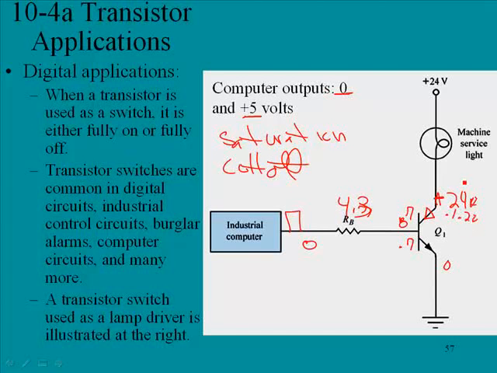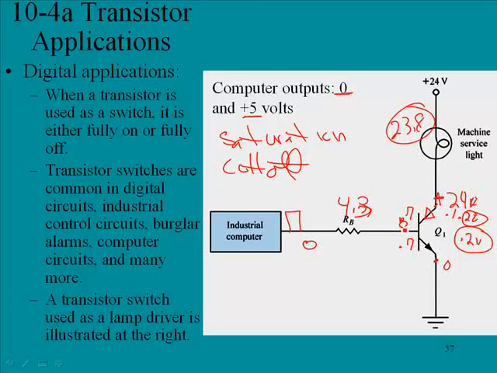And so now we have a situation where if we measure the voltage from here to here, we would be seeing maybe 0.2 volts, and this would look almost like a dead short. Now, the result of that, if there's only 0.2 volts here, that means that there'd be about 23.8 volts across this light, and so the light would illuminate.